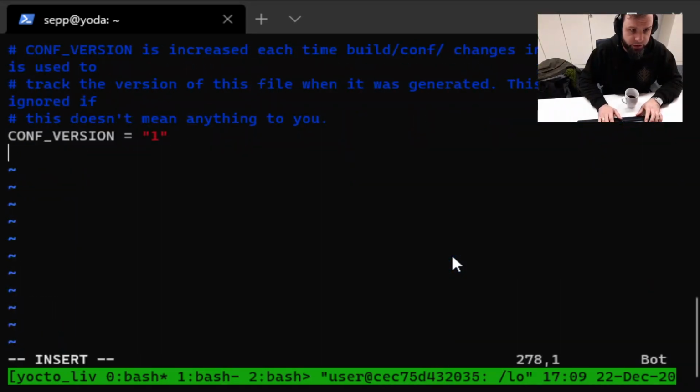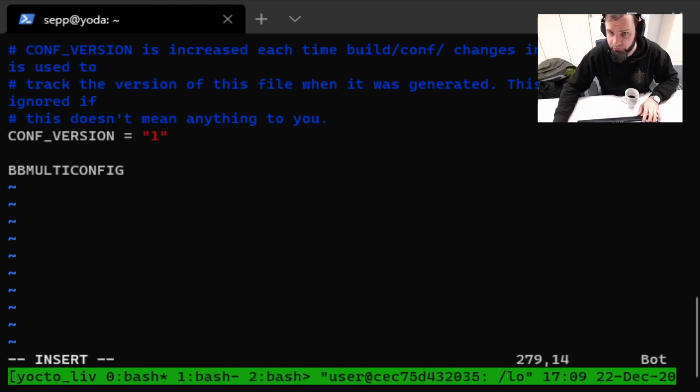And now I'm pretty sure that I messed up something. BBMULTICONFIG, or not. Let me find the configs. You know, I tried this yesterday and I instantly forgot it again.